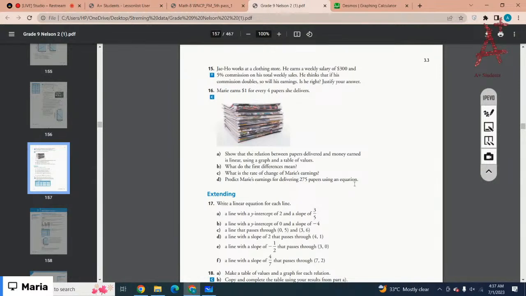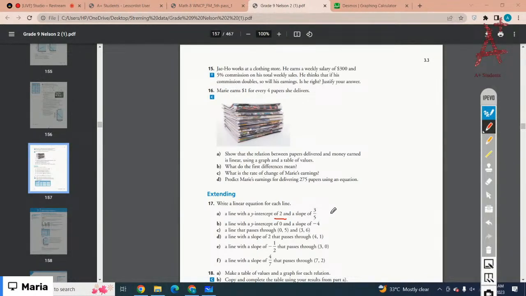You have to just write down the linear equation. You are given the y-intercept, that is b, and here is the slope. The equation looks like y equals mx plus b. m is 3 over 4 and the y-intercept is 2, so y equals 3 over 4 x plus 2.